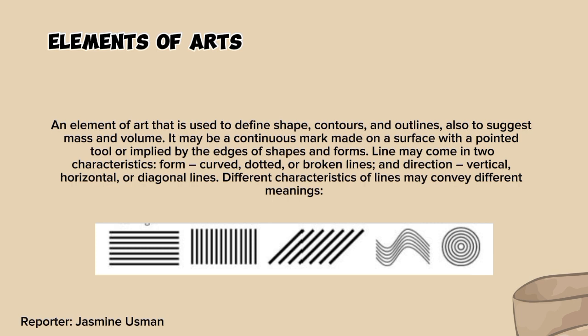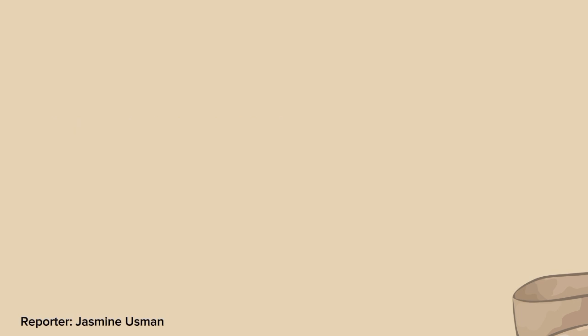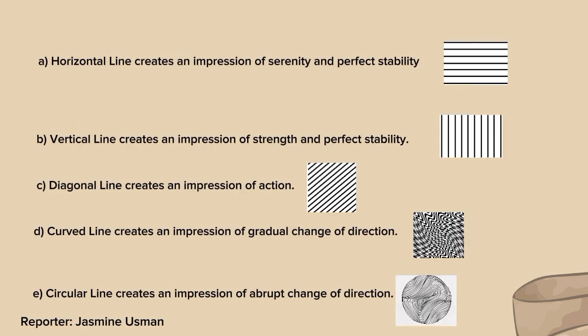For instance, a straight, horizontal line might convey a sense of calmness or stability, while a diagonal line could evoke tension or excitement. By understanding these characteristics, artists can use lines strategically to express specific messages or moods in their work. As I mentioned earlier, different characteristics of lines may convey different meanings.